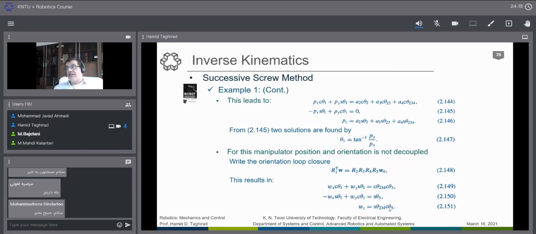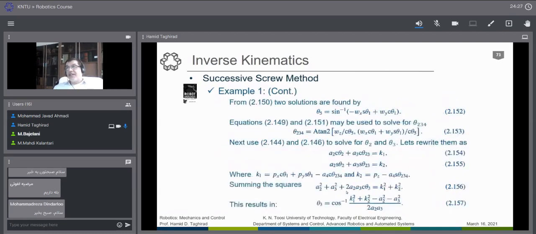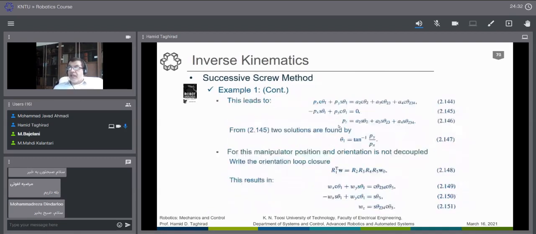We have the cosine of theta 5 multiplied by sine, and this gives us a very good solution to use basically 2 solutions in here. We use the inverse sine by this equation. We find theta 5, and then when we have theta 5 here, we have the cosine of theta 5 here.